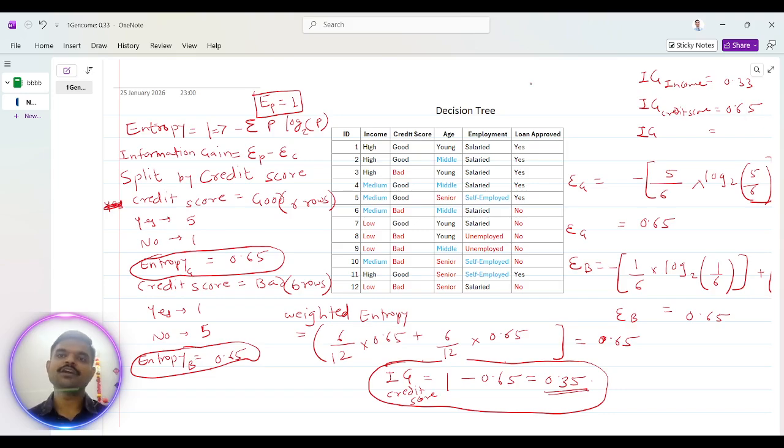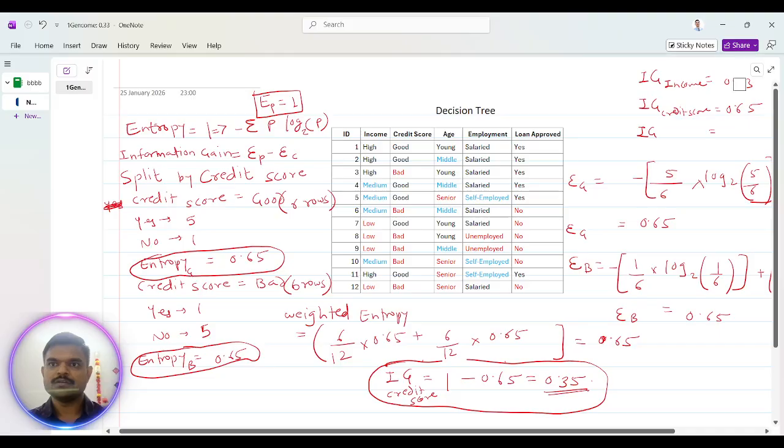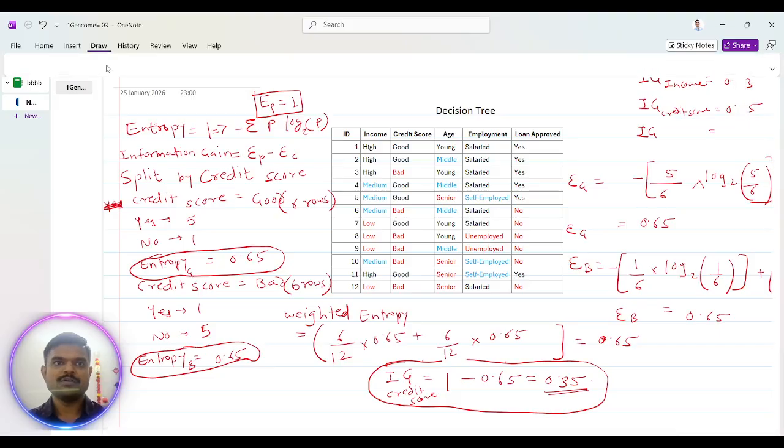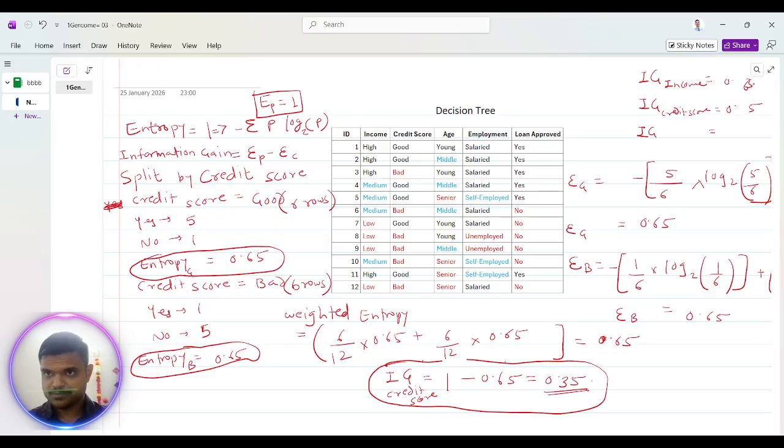So information gain of credit score we have calculated 65 earlier. Sorry, it is mistakenly wrong. For income it is 65, and for credit score it is 35.